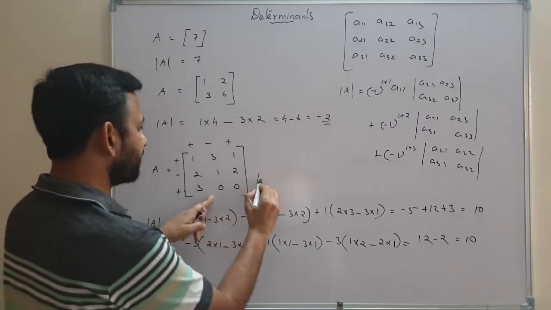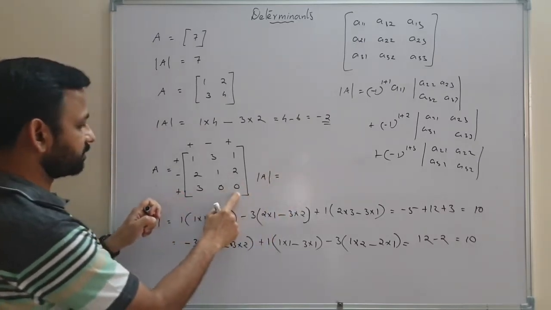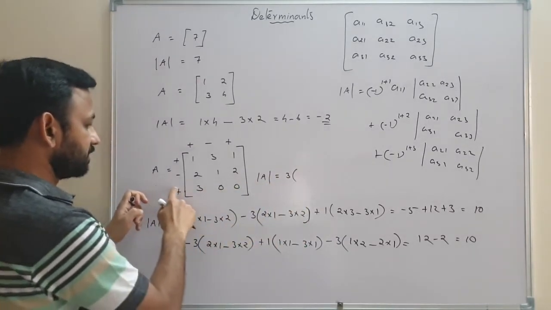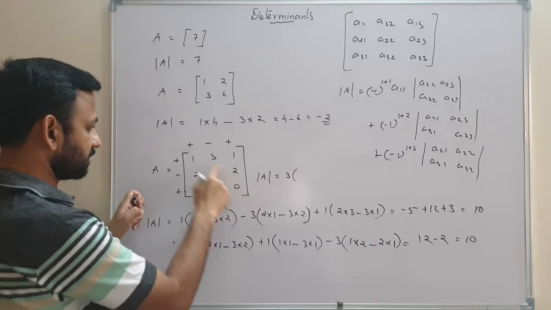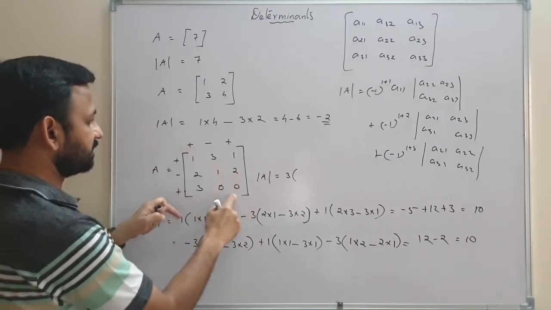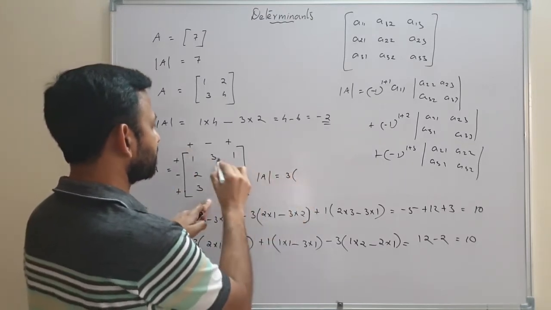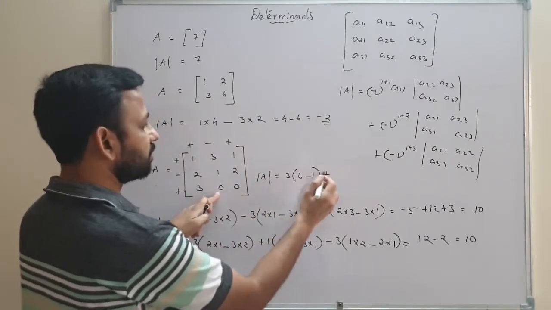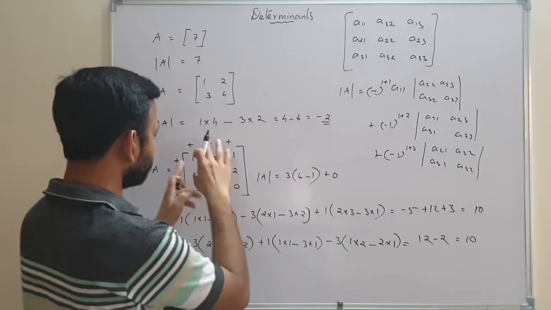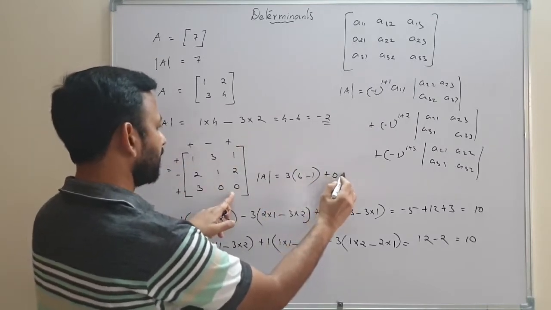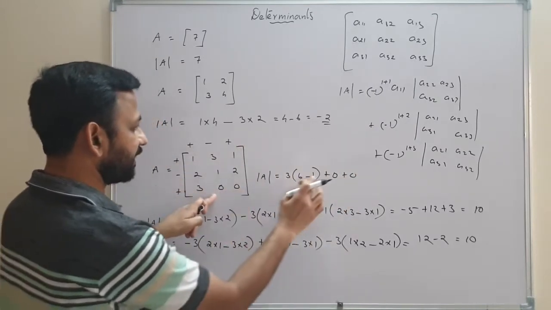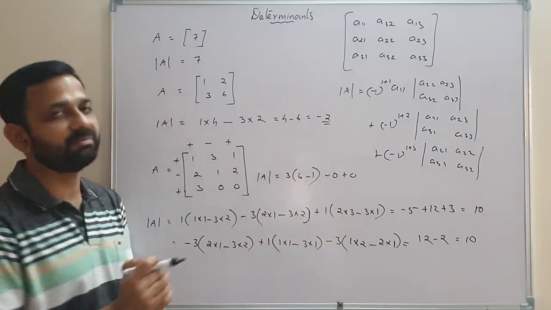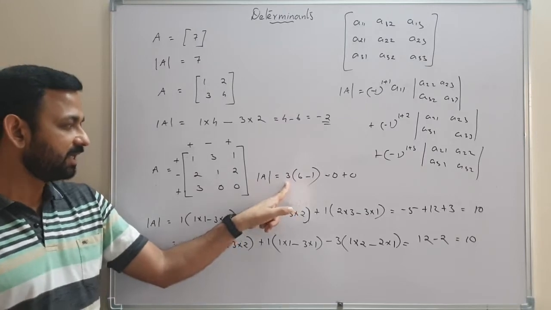So when we find the determinant by using the third row, first element positive 3 into 3, corresponding row and column deleted, then 3 into 2, 6 minus 1 into 1, plus 0 into the complete term, and again 0 into the complete term, so those terms will be 0. So we can easily find the determinant.